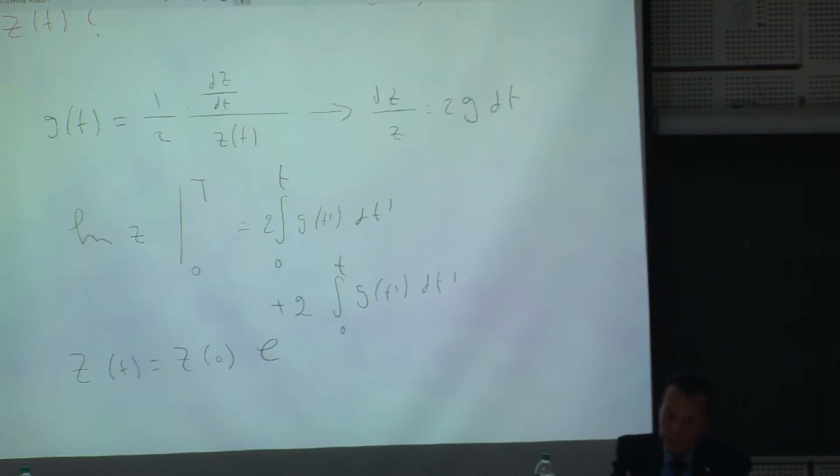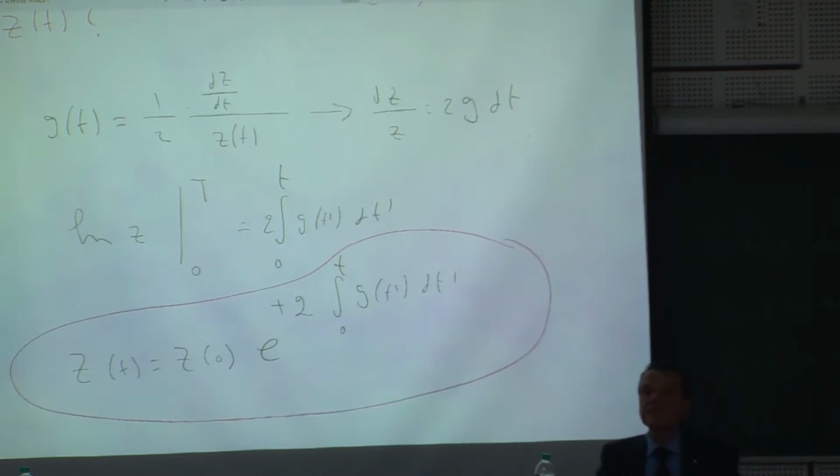And this is actually the expression we may use for retrieving the profile. We measure first the reflection coefficient as a function of frequency. We perform an inverse Fourier transform. Upon having g of t, I can retrieve z of t.